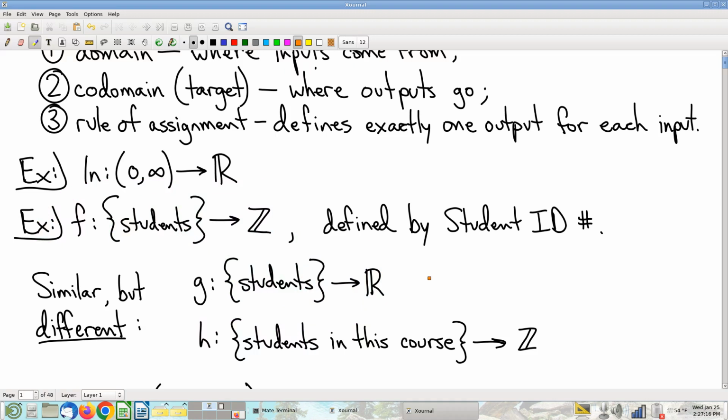All right. The question would naturally come up: who would ever do such a thing? Why would you ever? There's a bunch of real numbers here that we're not going to use at all. So it seems kind of more precise to say, shouldn't the target really be Z? I will point out there's a bunch of integers that are not student ID numbers either.